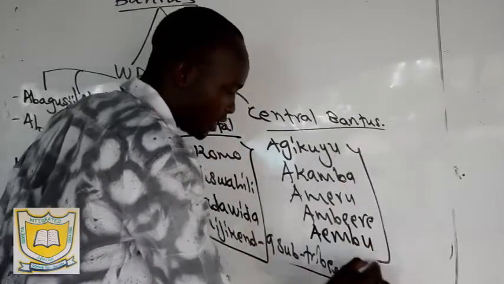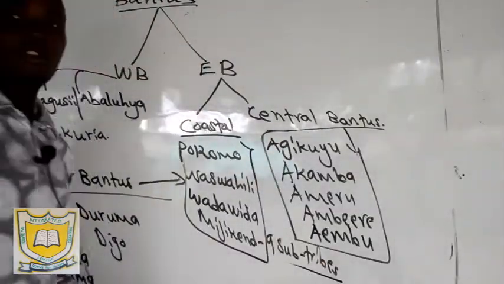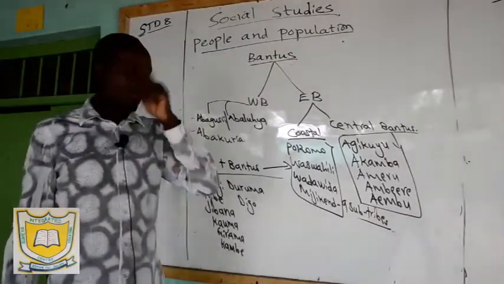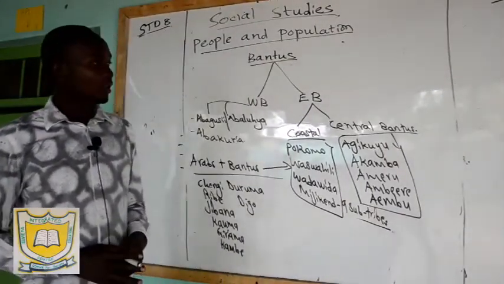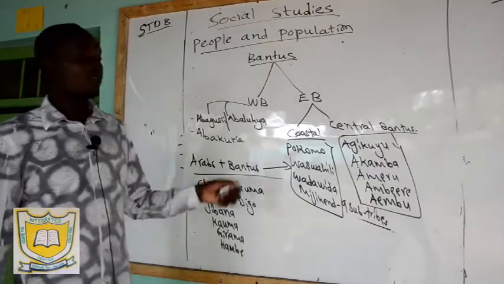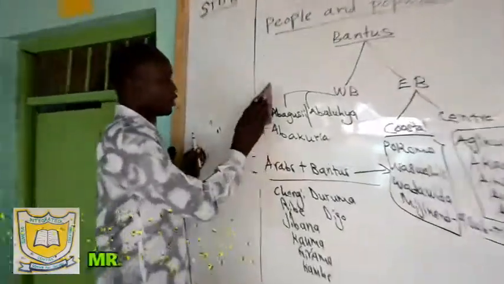So these are communities that form what you call the central Bantus. So these are the divisions of the Bantu in Kenya. I think we have finished about the Bantus. The main reason for migration, we have looked at that. So we are going to something else.